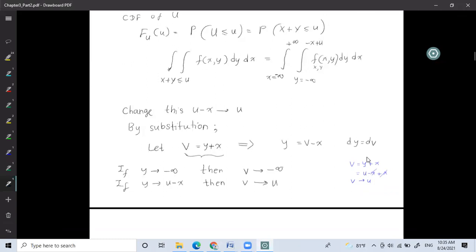Then the limits of our new random variable v are now very simple. It will go from negative infinity up to u, rather than this complex u minus x. Now shall we do the change of the variable?